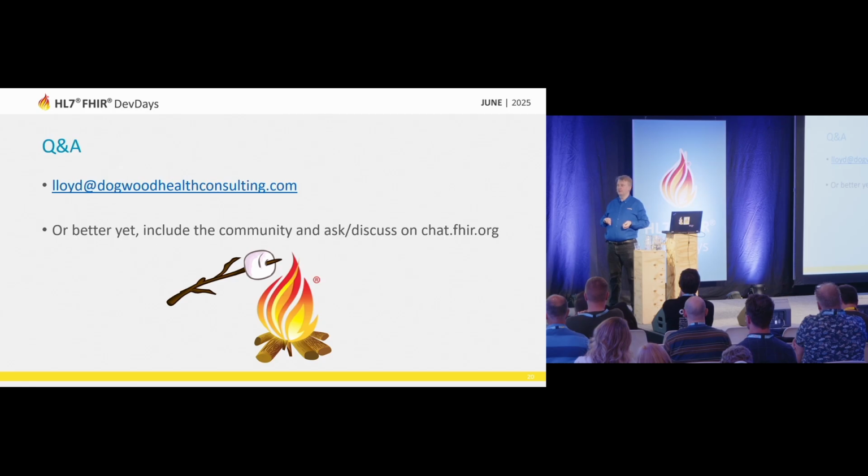And when we explained that to them, they fixed it in the future versions. But what they've done is they put out sort of a technical notice that says, while formally the specification says this, and the validator is going to yell at you, from a conformance testing perspective, practitioner role has always been intended to be accepted here and is fine.